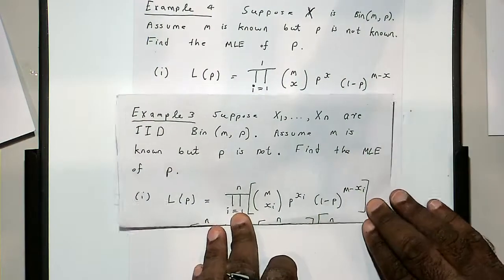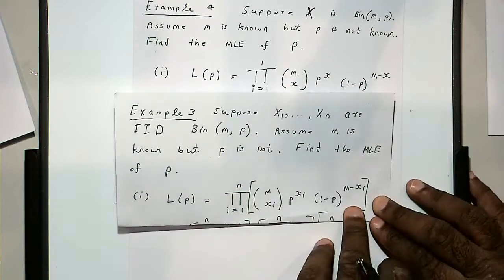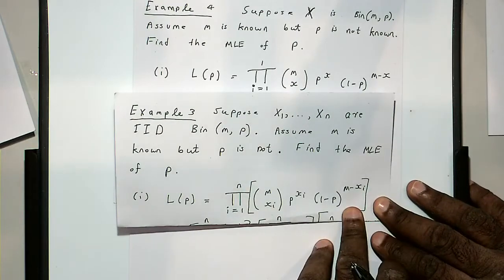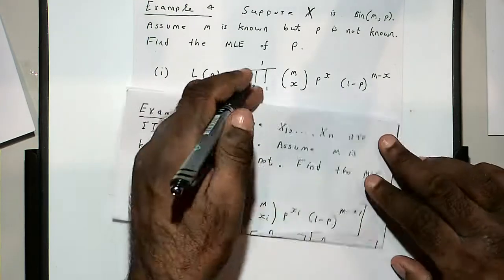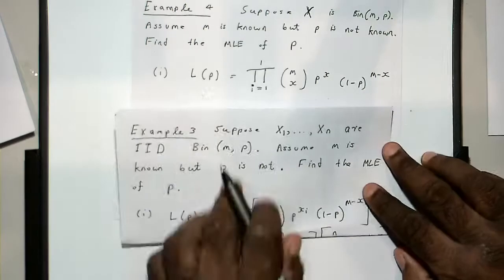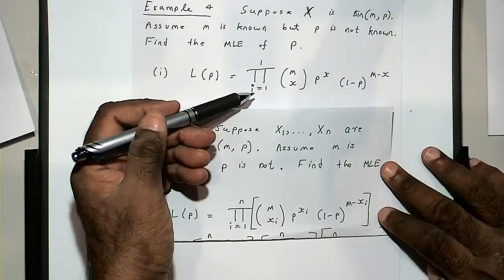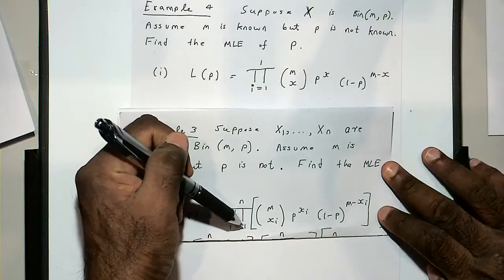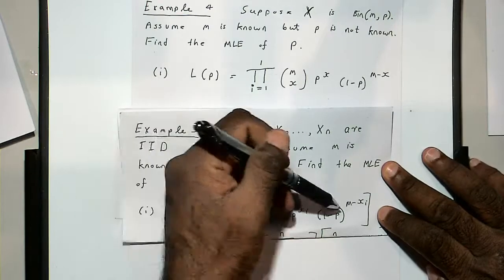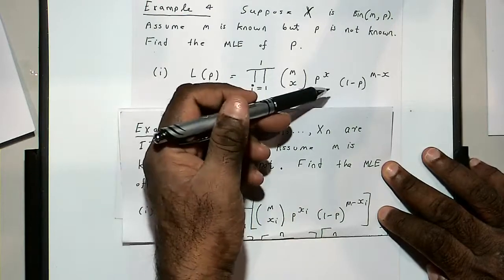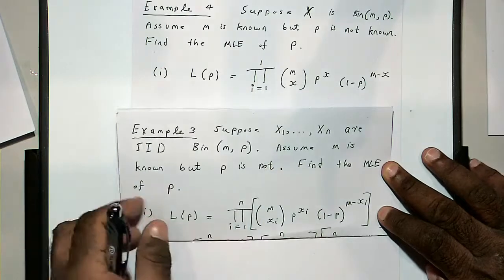So the product was from 1 to n of the probability mass function for the binomial. But in example 4, you only have one data point. So the product is from i equal to 1 of the PMF, which is what I have written down here, right? You follow that?